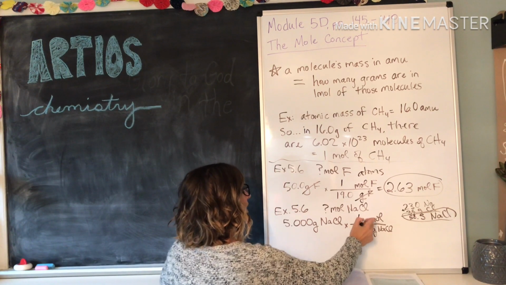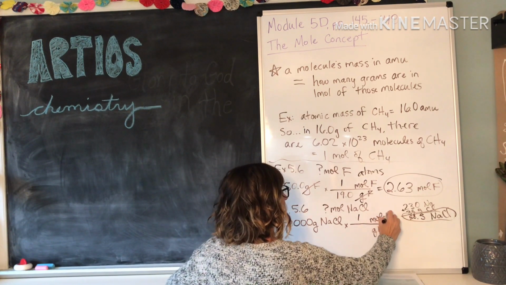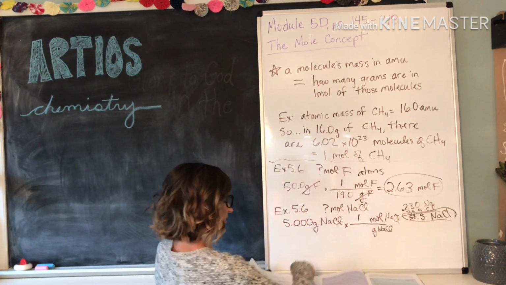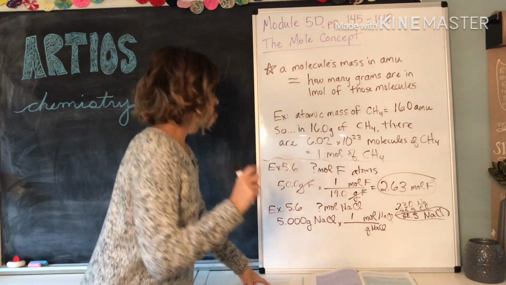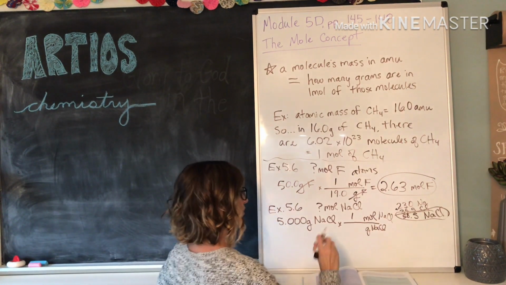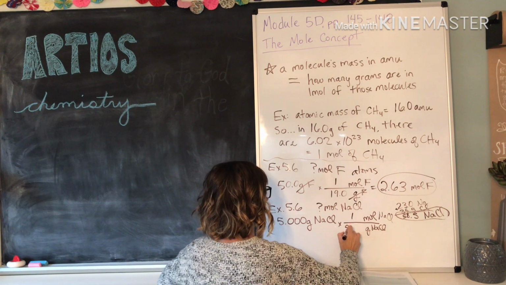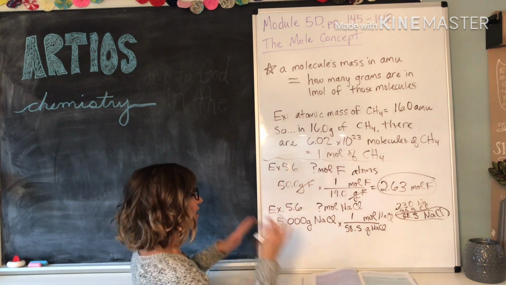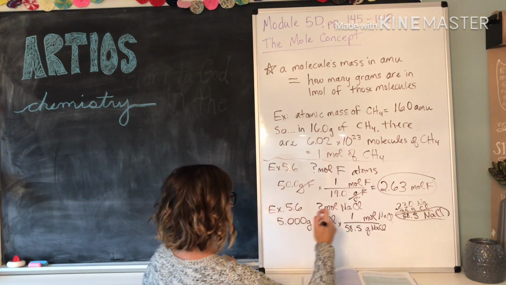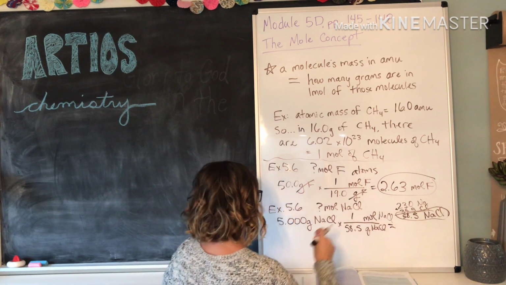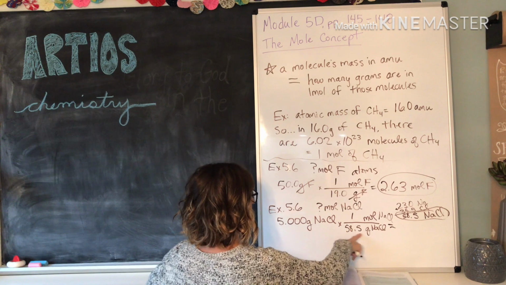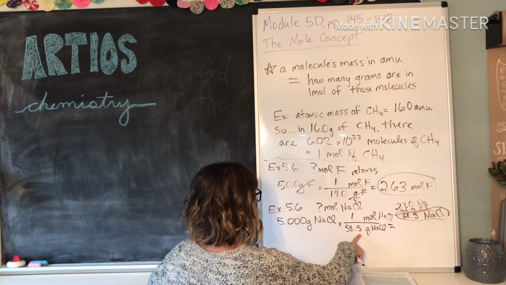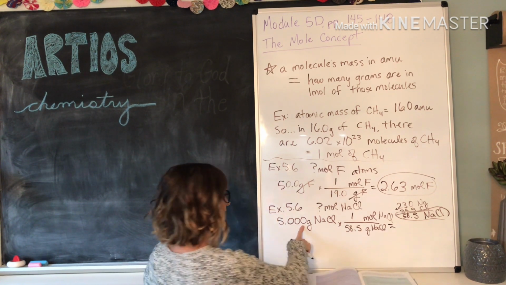Okay, so we just found that in 1 mole of sodium chloride, there would be 58.5 grams of sodium chloride. So now we multiply or divide it out, and we get an answer with significant figures: here 1, 2, 3, or here 1, 2, 3, 4.